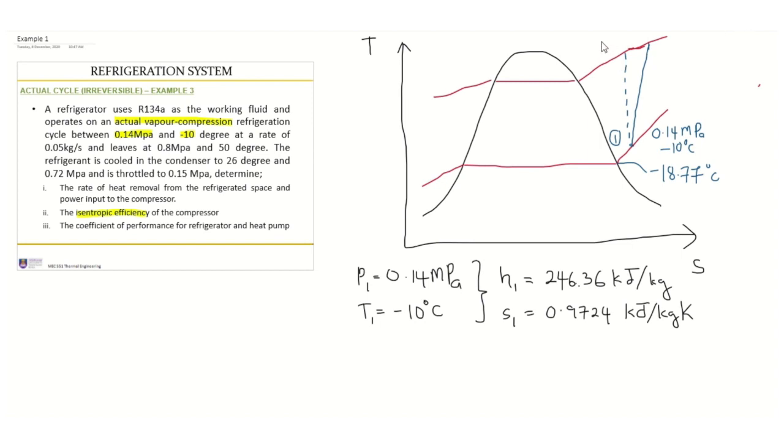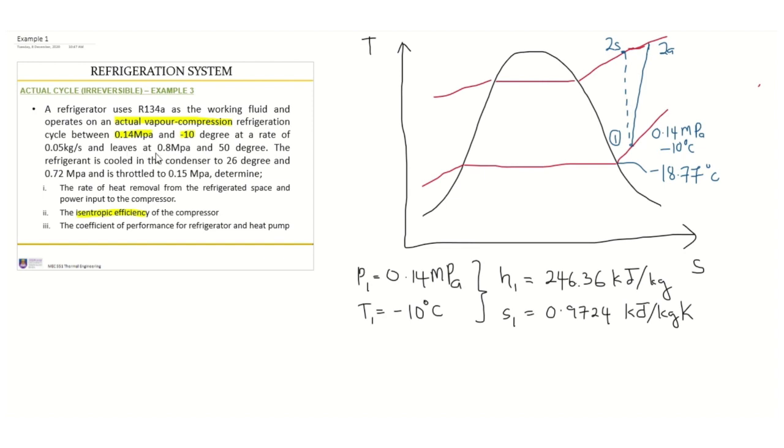So this becomes state number 2S. Okay, this one is actually state number 2A. Okay, this is the actual. Okay, this one is what we call the isentropic process. This one is the actual.